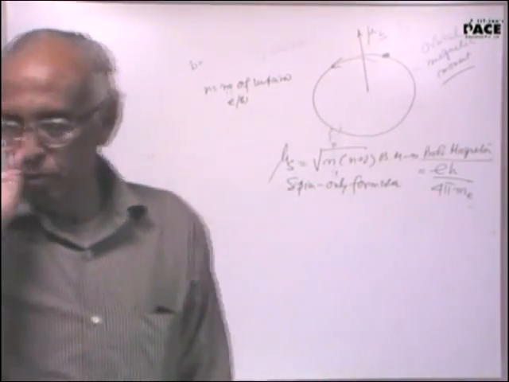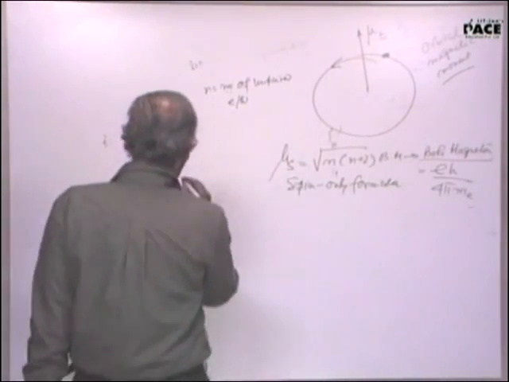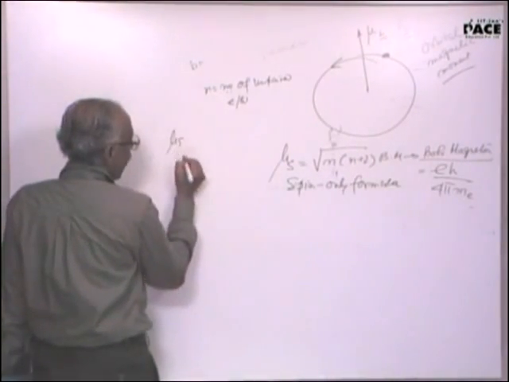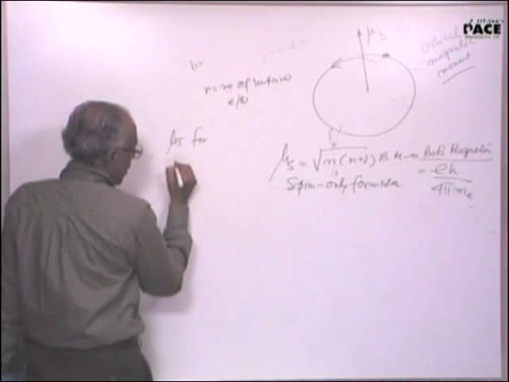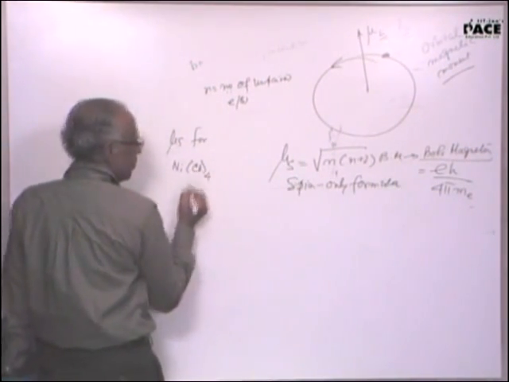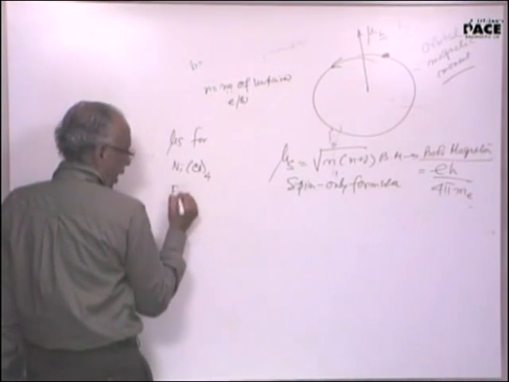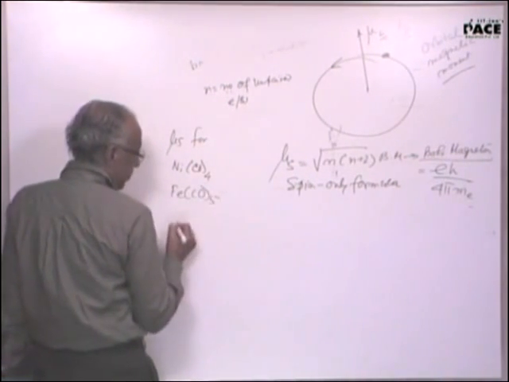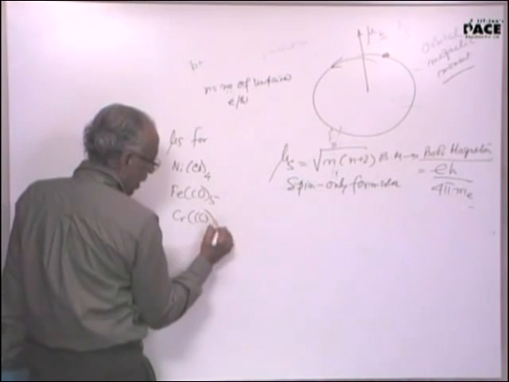Calculate mu s for nickel tetracarbonyl, iron pentacarbonyl, and chromium hexacarbonyl.